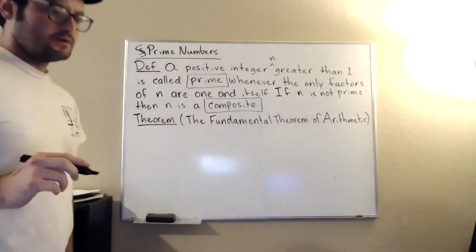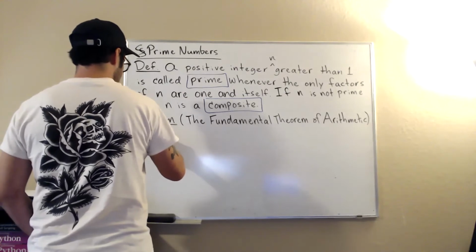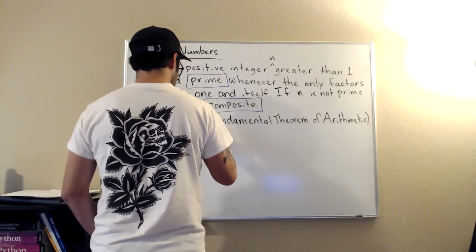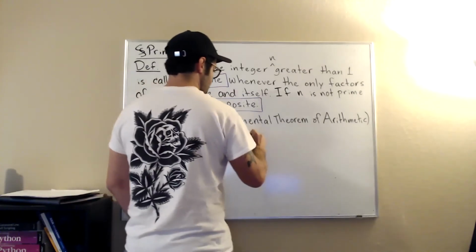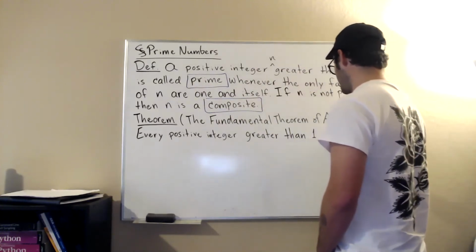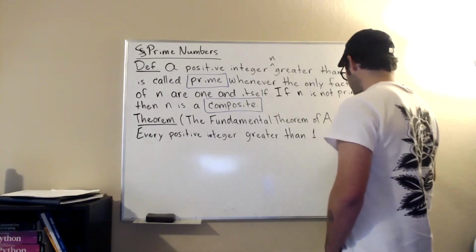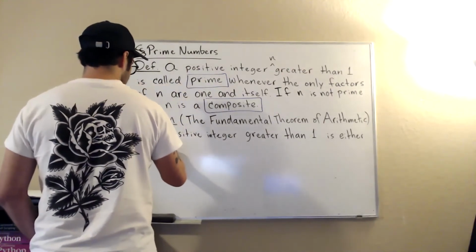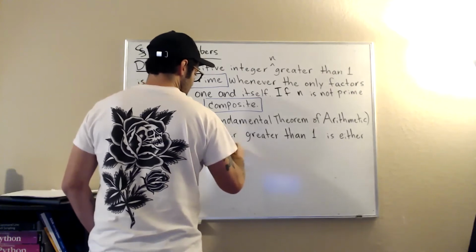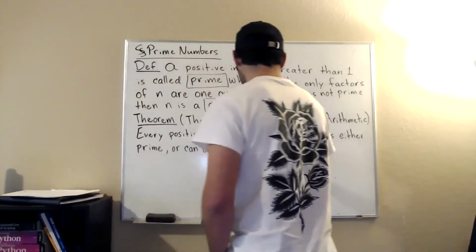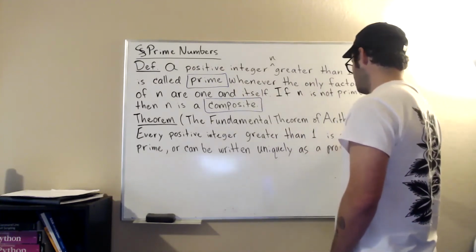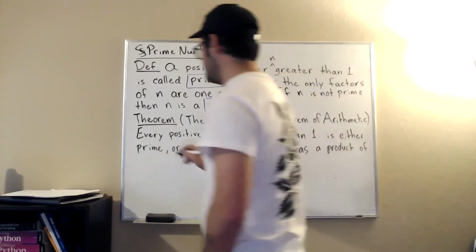And it states, every positive integer greater than 1 is either prime or can be written uniquely as a product of two or more prime numbers.